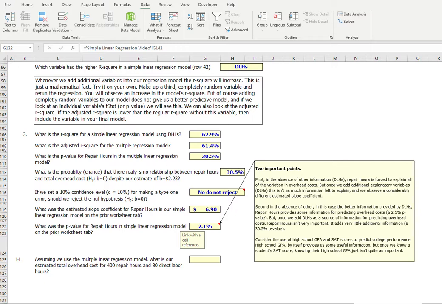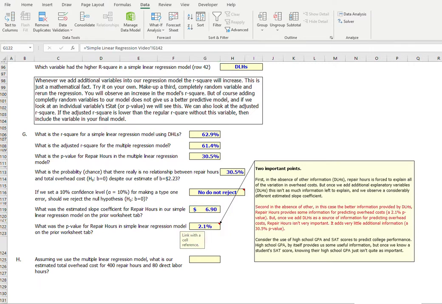But once we've added an additional explanatory variable, direct labor hours in this case, there isn't as much information left to explain, and we observe a considerably different estimated slope coefficient, 6.9 versus the 2.23.